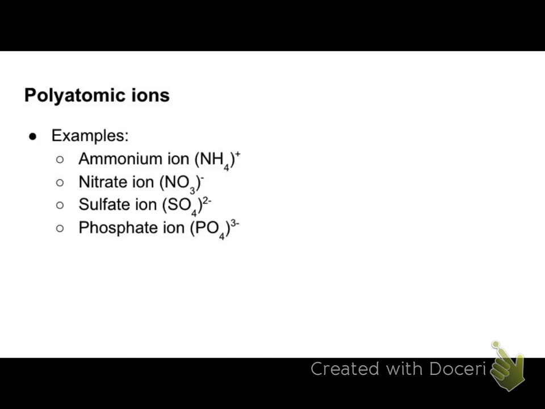Notice that the covalently bonded molecule is inside the parentheses and then the charge is outside the parentheses, and that's to indicate that the charge is for the entire molecule and not just specifically one atom involved.